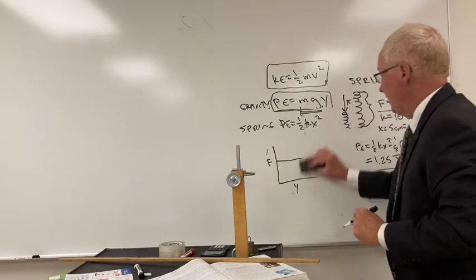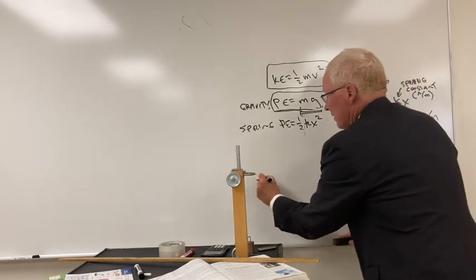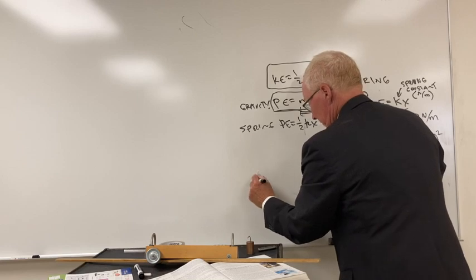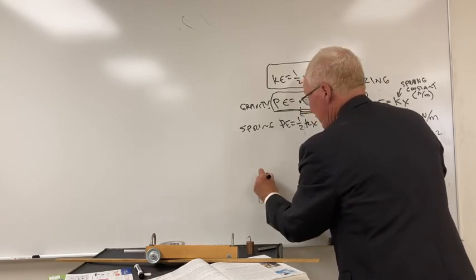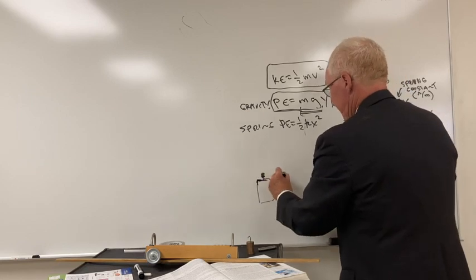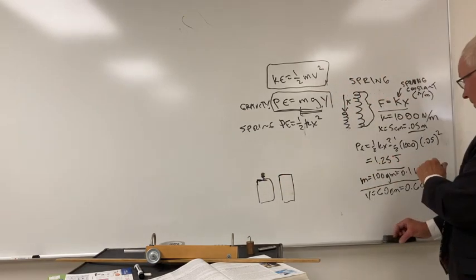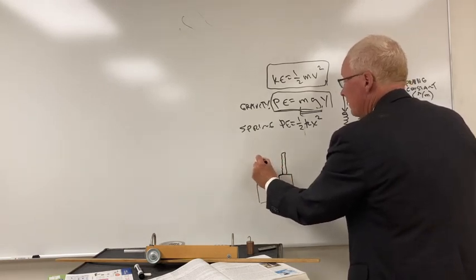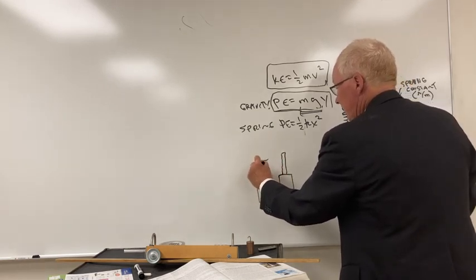So we compress this. Okay, move this out of the way. We have this spring. We compress it from 5 centimeters. We let it extend out. Where again, x is 5 centimeters.